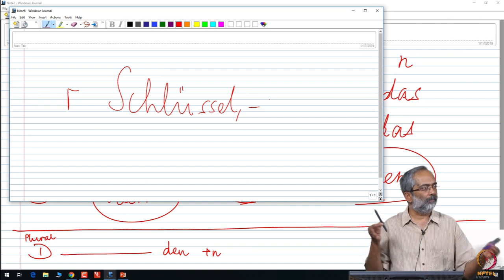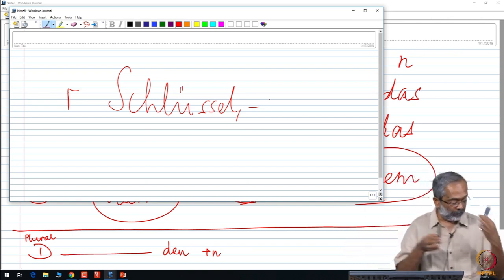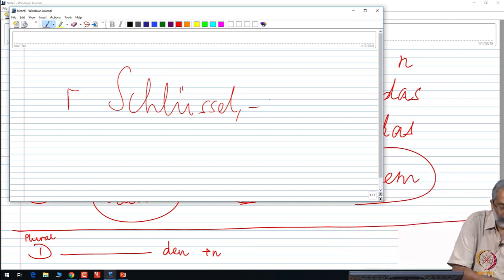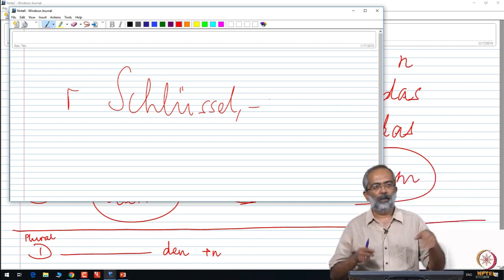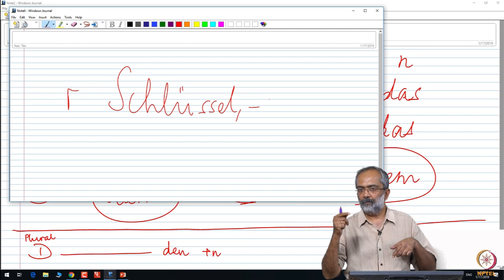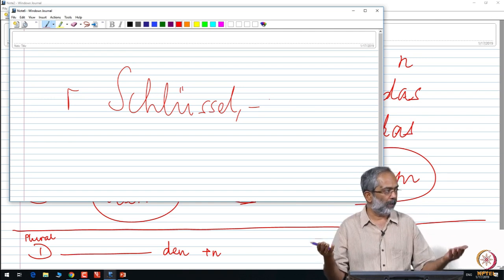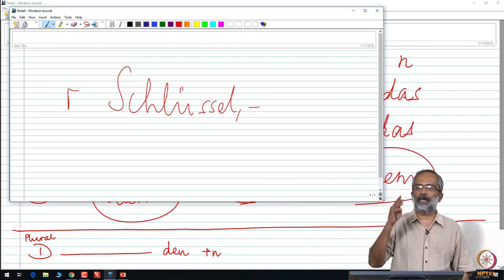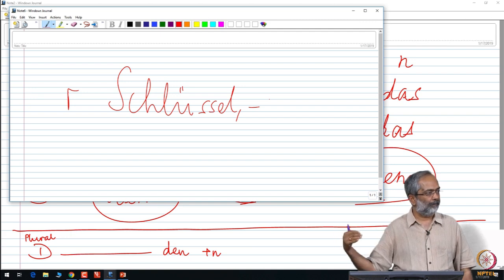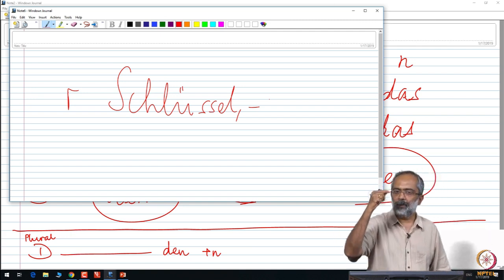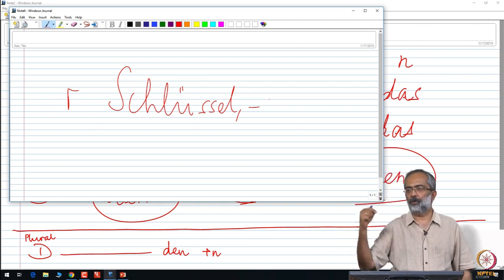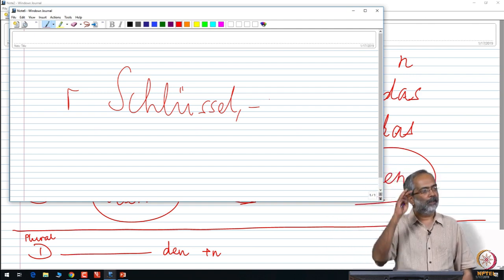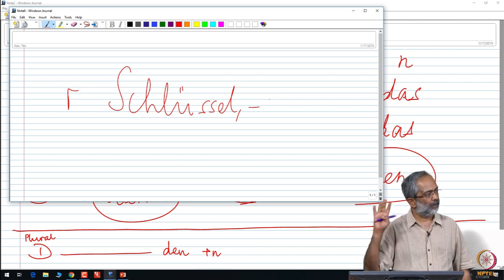Mein Schlüssel, meine Stifte. To make a long point short, with ein, no plural; with kein and mein, you can have plural. The plural will work exactly like d, den plus n. So meine, meinen plus n. Keine, keinen plus n. Same way as the d, den plus n functions in the three cases.